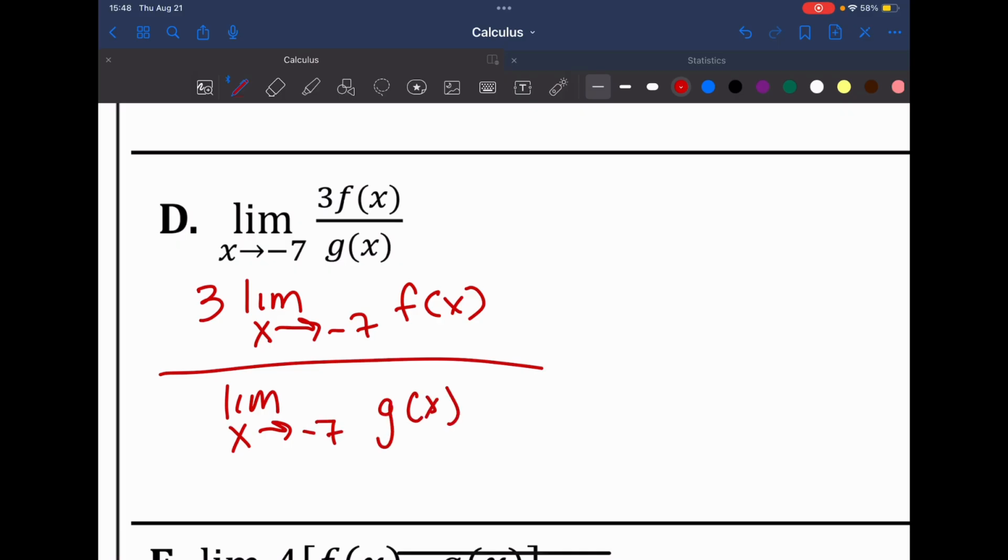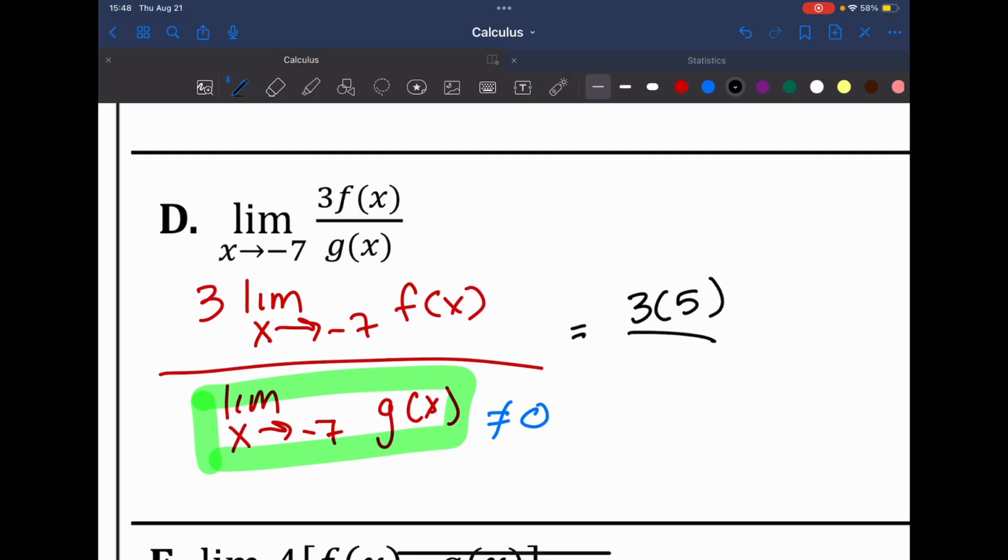And the big thing here is I need to make sure that this g of x function does not equal 0. So if I'm checking each one, I get 5 for the limit as x approaches negative 7 of f of x. So this is 3 times 5. And then for g of x, I get 3. So this is 15 divided by 3, which is 5.